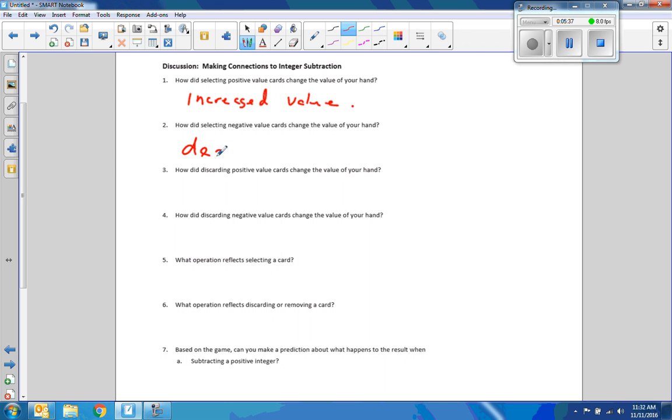Well, that decreased the value. How did discarding positive value cards change the value of your hand? Discarding positive decreased the value. How did discarding negative card values change the hand value? Discarding negatives increased it.